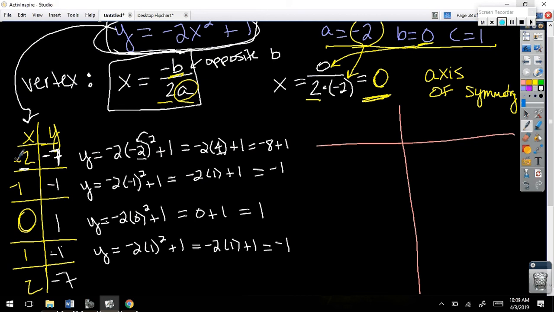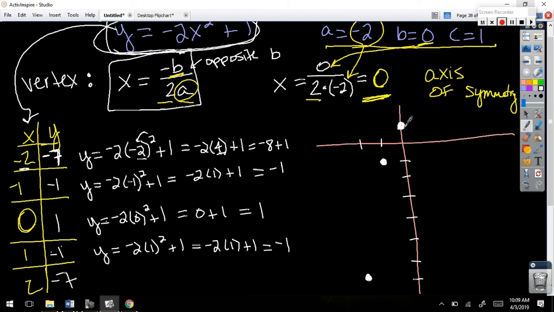Look. -2, -7. -2. 1, 2, 3, 4, 5, 6, 7. -1, -1, -1, -1. 0, 1.